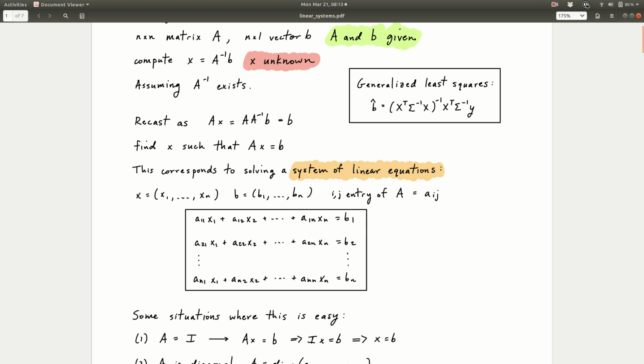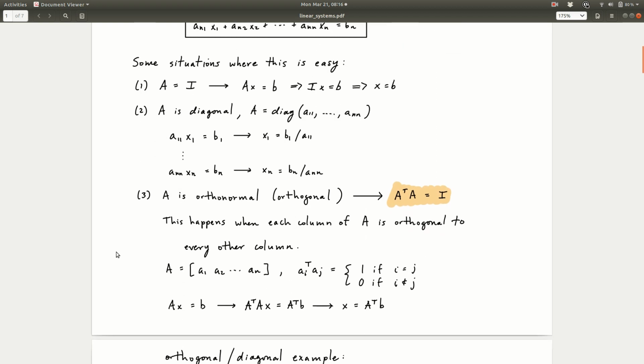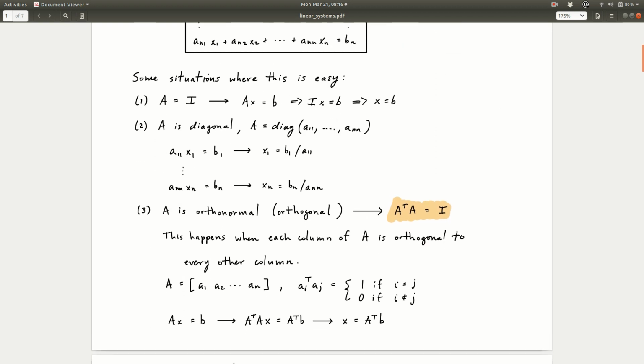The idea is we know the b's, we know the coefficients a_ij, and we need to recover the x's such that these equalities are true. Okay, so how do I solve this? In general, it's kind of hopeless. You can't just figure it out by looking at it. But there are some situations where you can, where figuring it out is actually kind of easy.